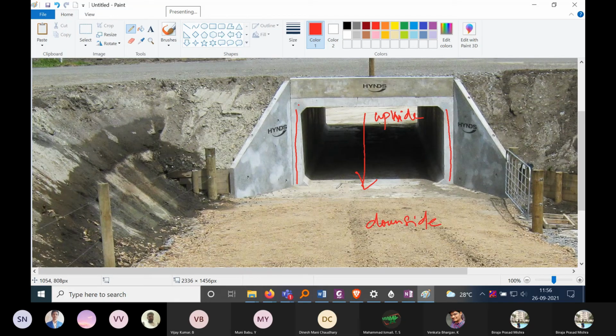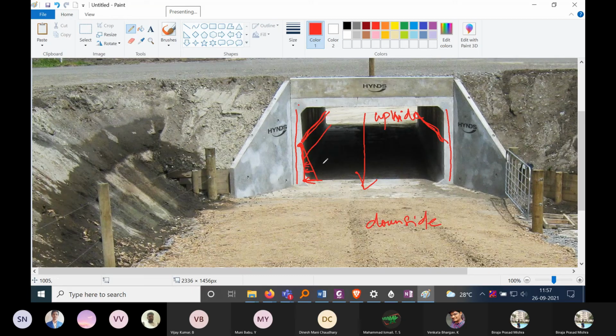Now you may see, let us say the water level is in between, and along this side the water level is half filled. Then the pressure will be in the form of a triangular load. Here the pressure will be 0 and the maximum pressure will be at the bottom.